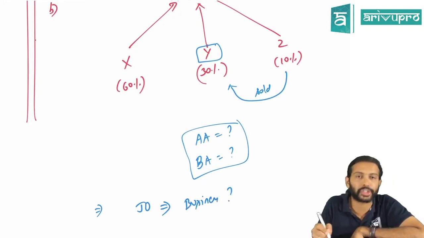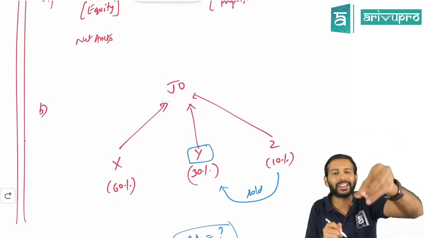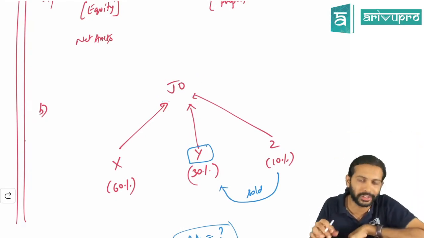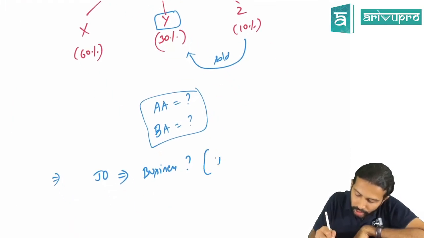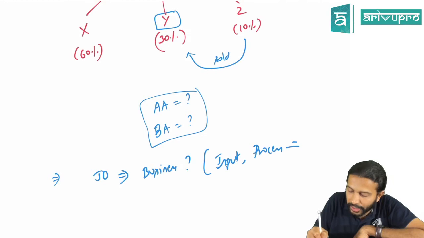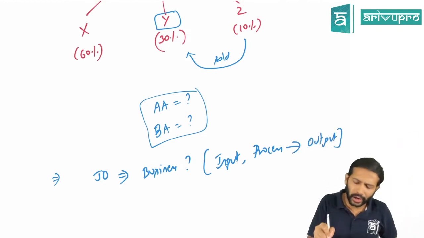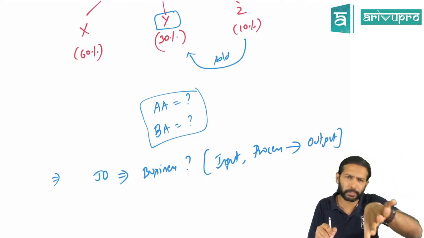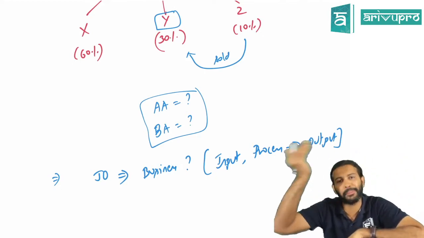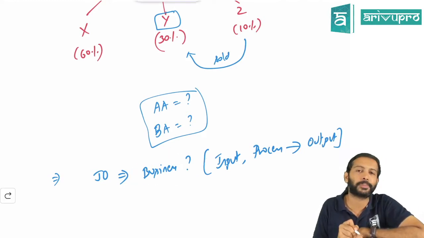First ask this question: check whether it meets the definition of a business. Business means what? There should be inputs and a substantive process which are capable of generating output. It's not necessary that output should be there. If you have inputs and a substantive process which have the capability of generating outputs, then it will be treated as a business. Is it okay?